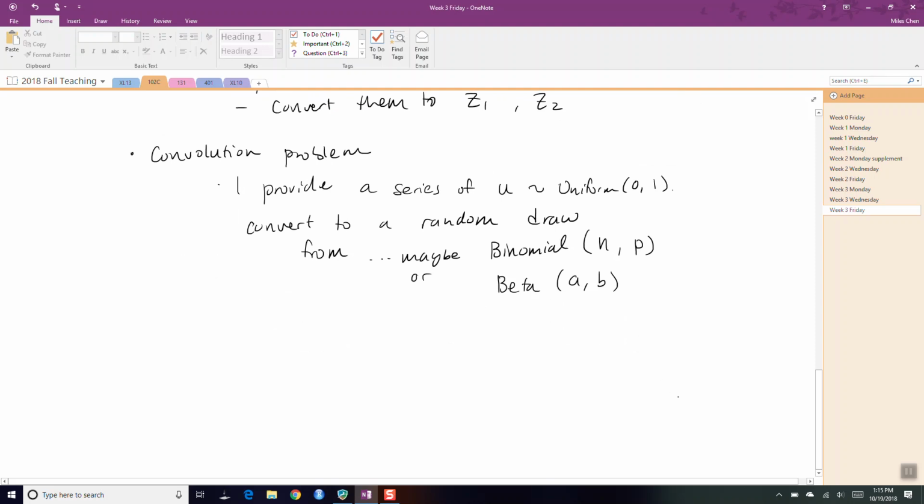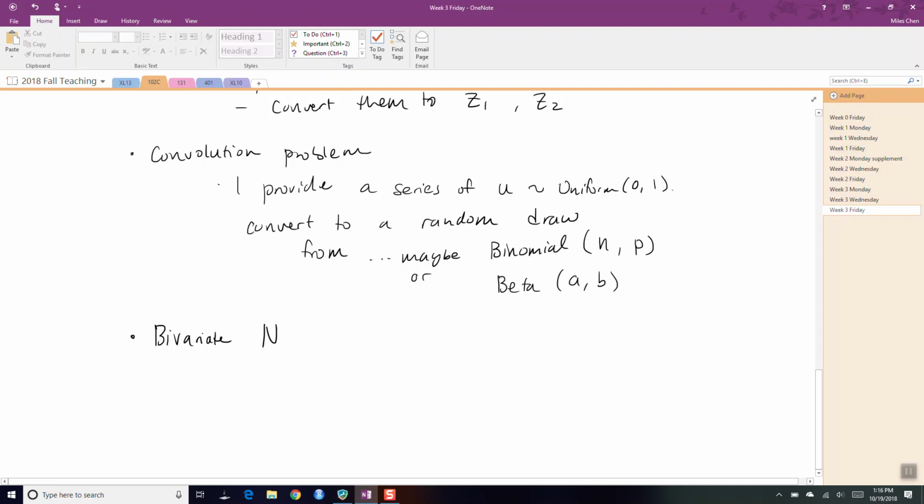Okay, and so you need to know how to do something like that, right? So it's basically, I give you some random u values, and then you have to turn them into draws using the rules for the convolutions, okay? So, I mean, this is too much to fit into 45 minutes. So the problems that will appear on the test will be a subset of these things I'm listing out, okay?